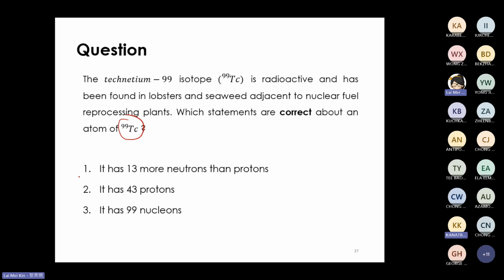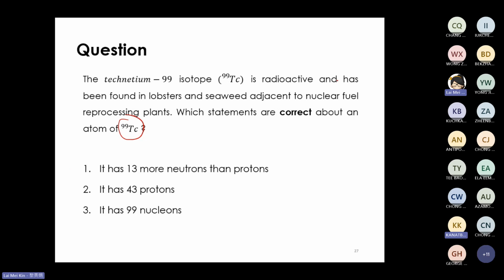Calculate first. Some of them say no. How many of you say number 1 is correct? How many say not correct? Half. Let's check.